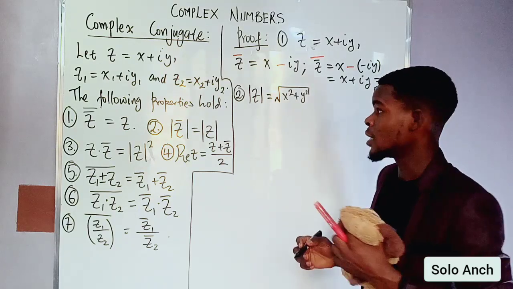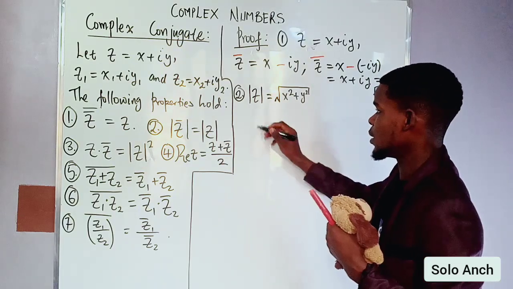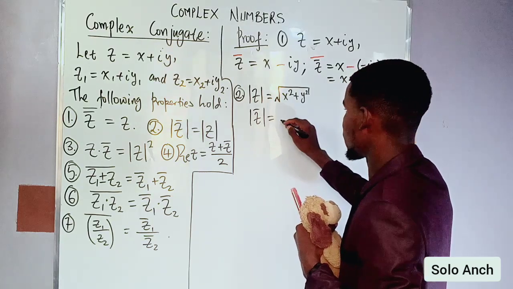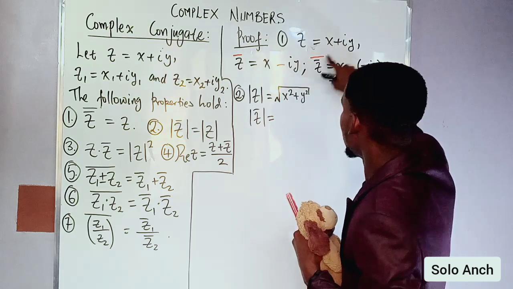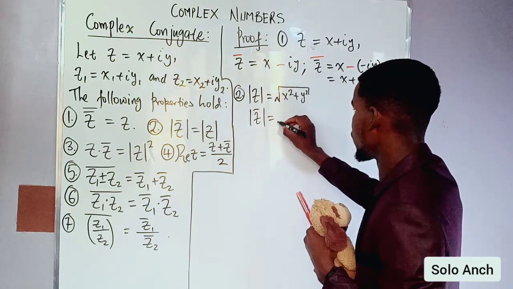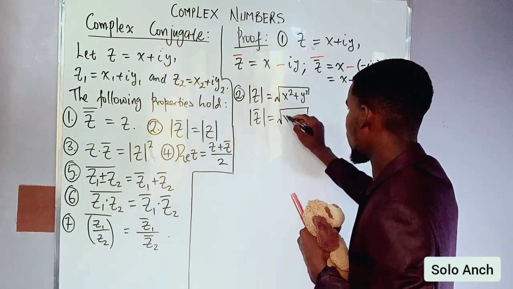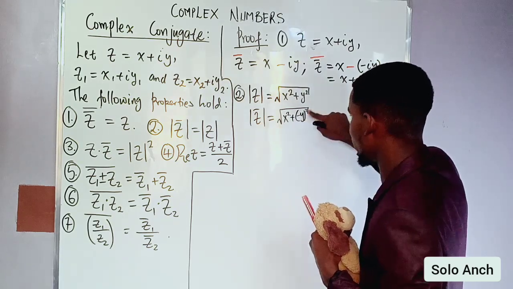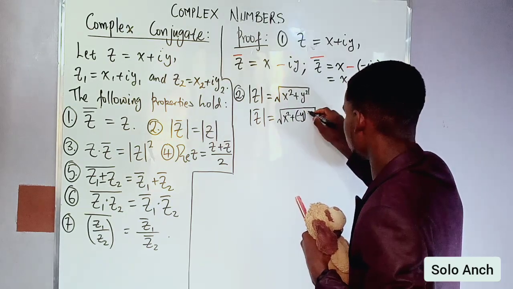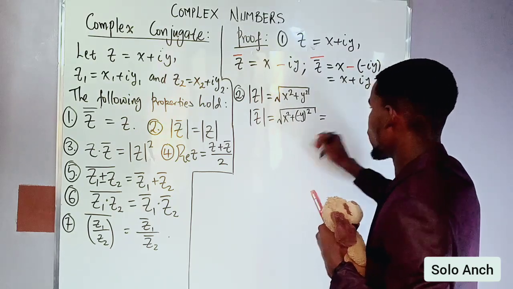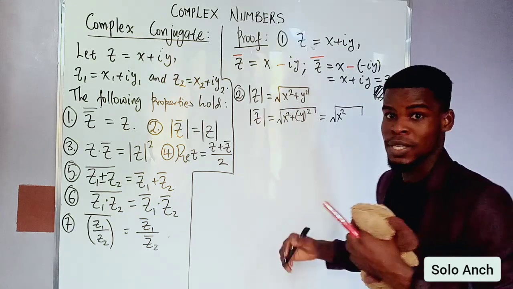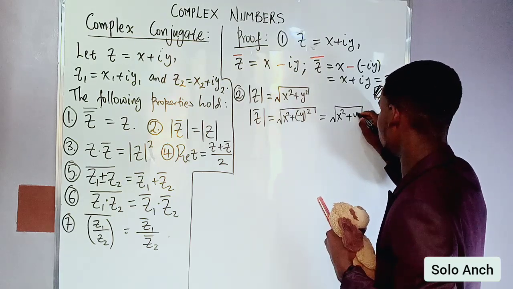But you notice that the conjugate of the complex number z can be written as x minus iy, of which the modulus will be the square root of x squared plus the imaginary part squared, that is negative y squared. But this is x squared, and negative y squared is the same as y squared because the square removes the negative sign.